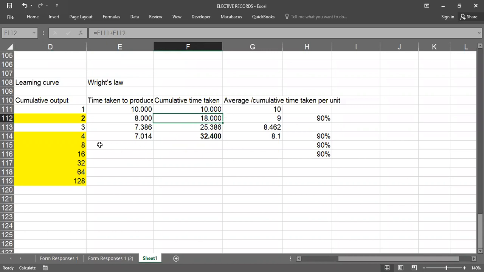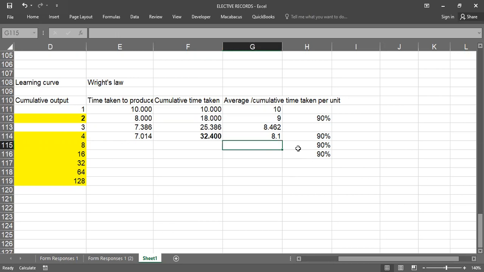But let me answer another question that they asked. They say that you look for the time taken to produce the next 4 units so that you have the 8th unit. Okay, so that you're at 8, in other words. What you do is you get the cumulative time for 8, and then the difference between the cumulative time for 8 and for 4 will be the time taken to produce the next 4 units.